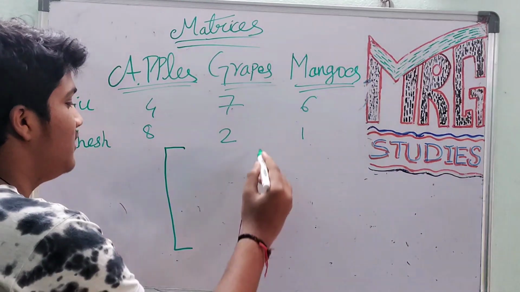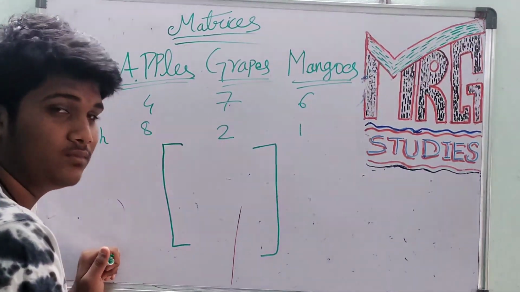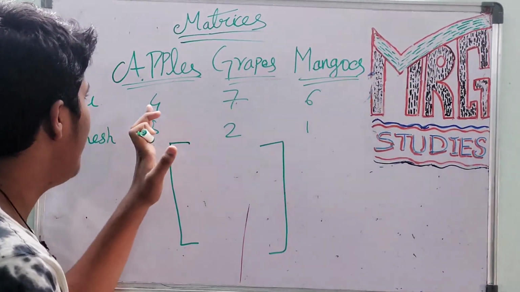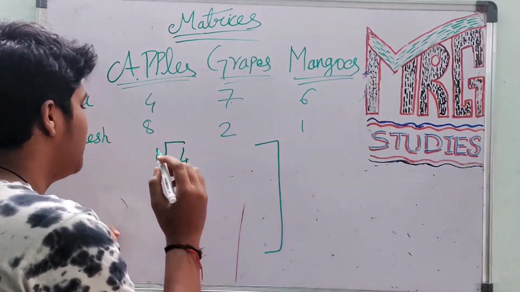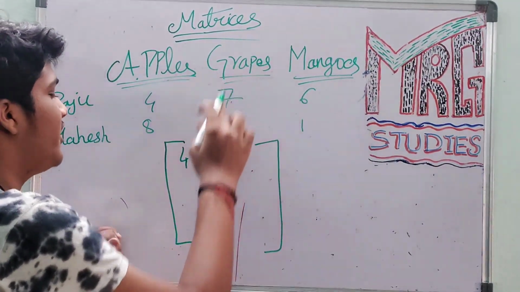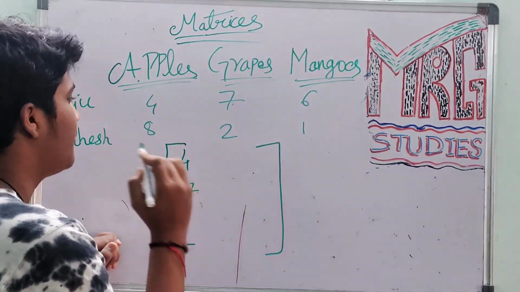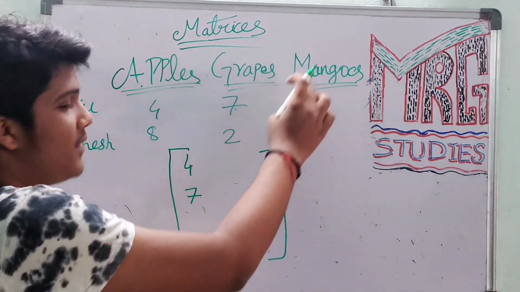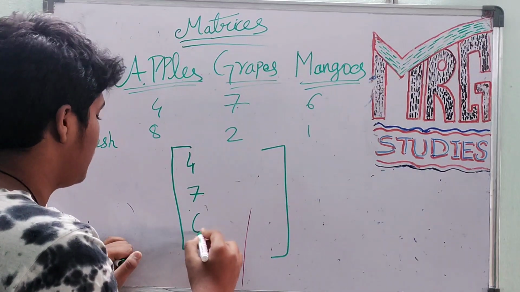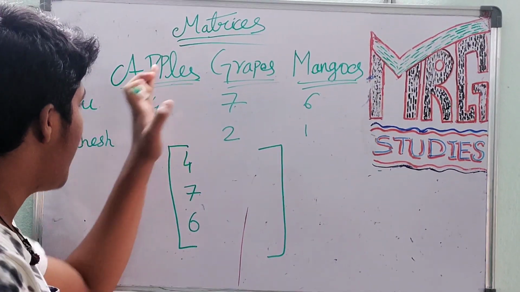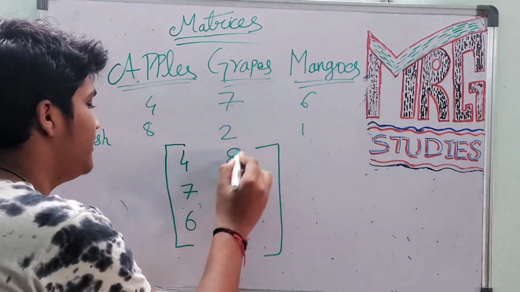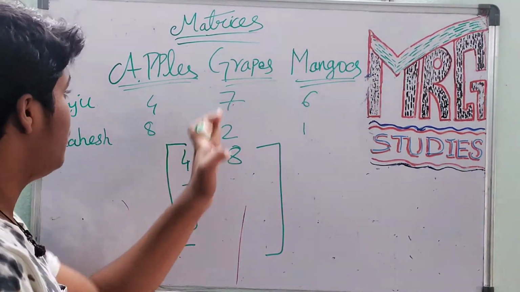See friends, first we should take a bracket. Raju ate 4 apples, right? So first write 4. Raju ate 7 grapes, 7. Raju ate 6 mangoes. Now Mahesh. Mahesh ate 8 apples, 8. Mahesh ate 2 grapes.